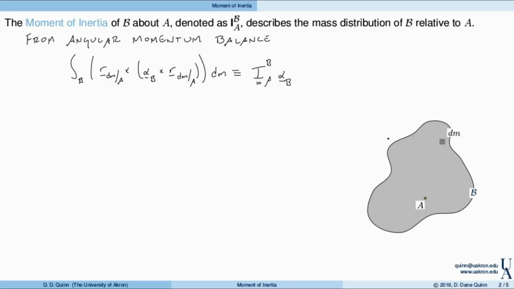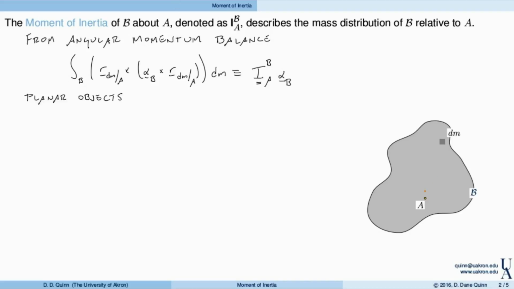So for planar objects, this matrix simplifies to a single number, a scalar number. So let's look at that. And this we actually discussed briefly in the lecture on angular momentum balance. But we'll repeat it again.